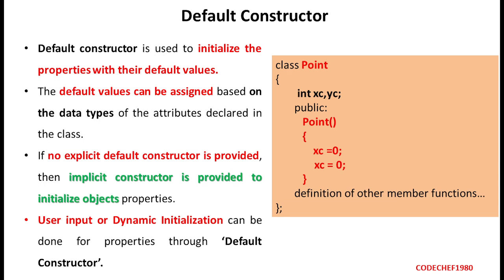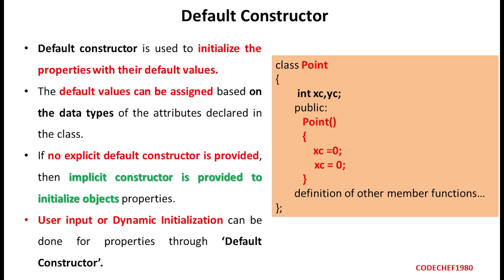So that is the exact meaning of the role of the default constructor, to give default values to our object's properties. If we don't give any default constructor in your code, implicitly the compiler will assign a default constructor, an implicit constructor, to initialize their properties. In the sense, the compiler itself has a default constructor that could be given for each class to initialize the default values to their attributes.